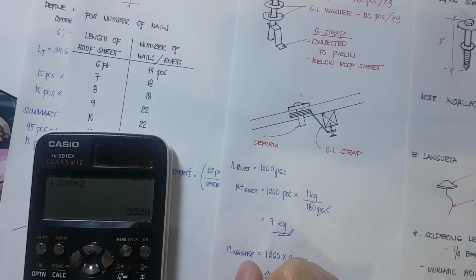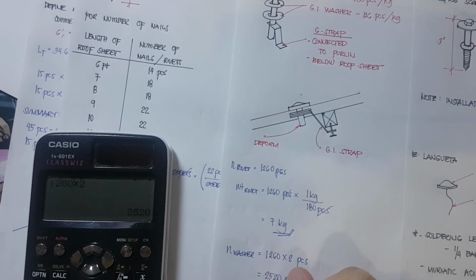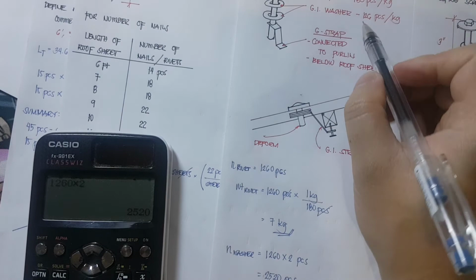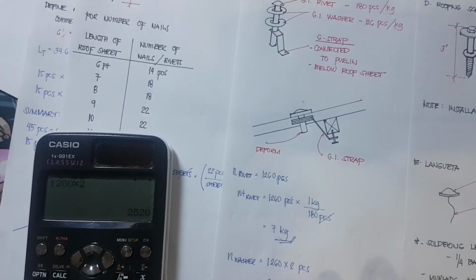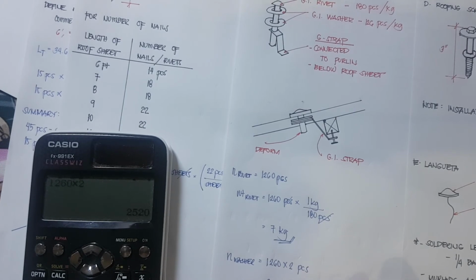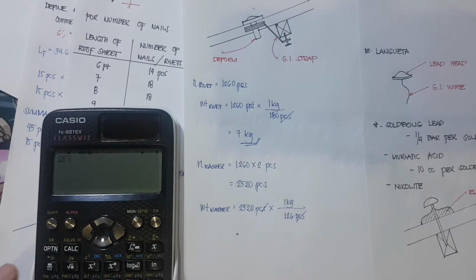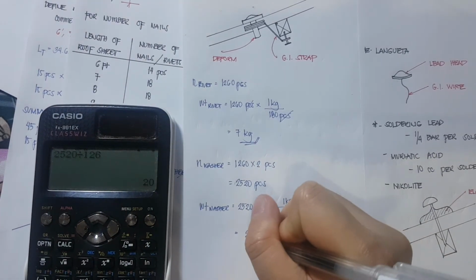For the weight of the washer, it is 2,520 pieces times 1 kilogram per 126 pieces. So pieces will simply cancel out. Therefore, the weight of the washer is 20 kilograms.